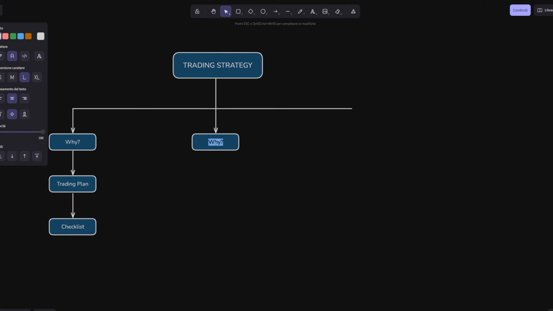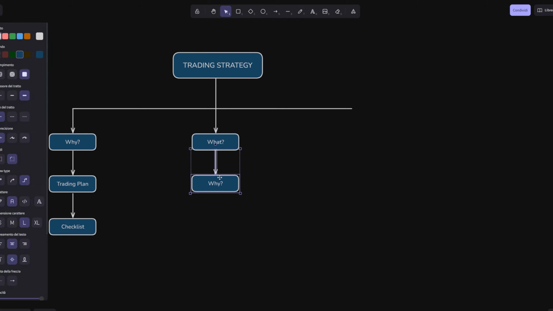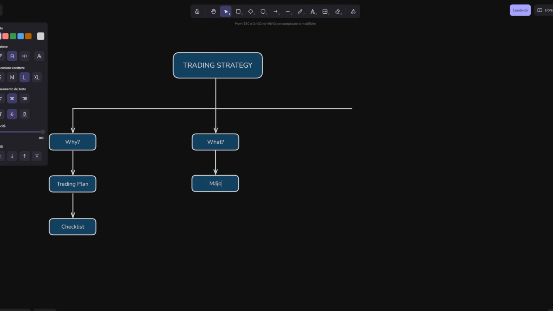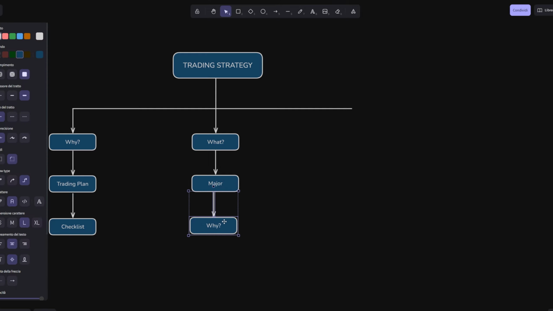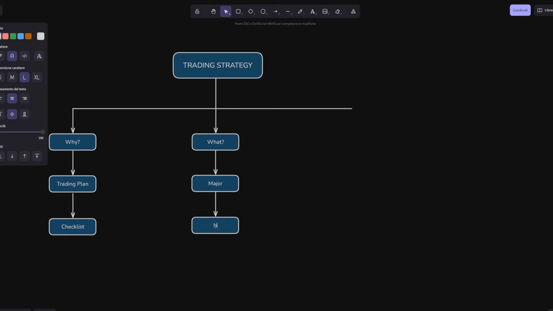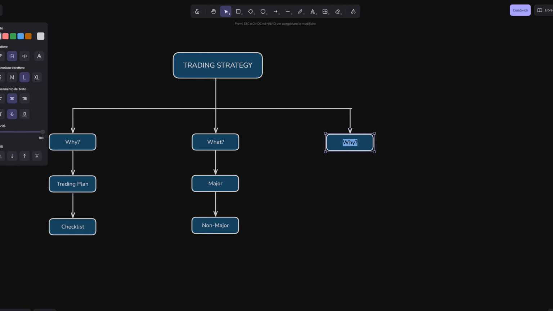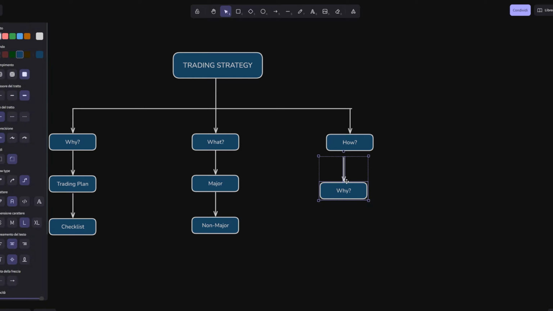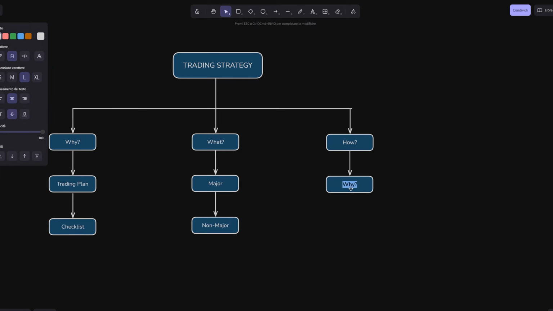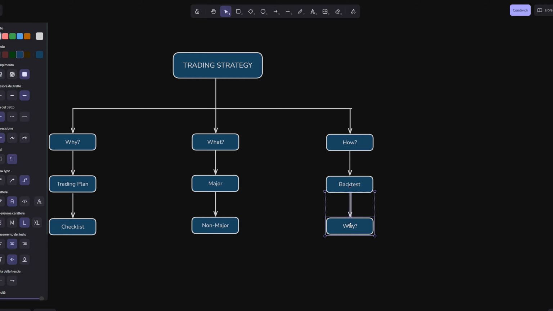For now I'm thinking to focus on the major pairs, and then we will focus on non-major pairs later on when the strategy is already established. The next thing we will talk about is how I'm going to develop this strategy, how I'm going to backtest it, and which tools I will use.